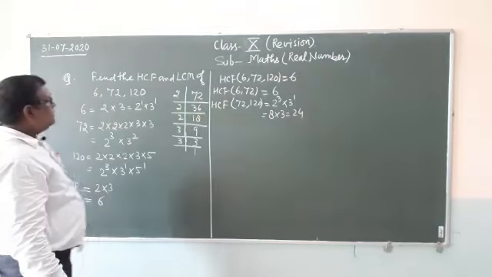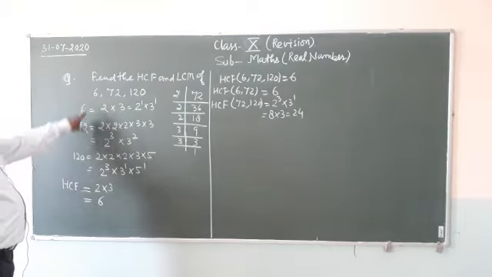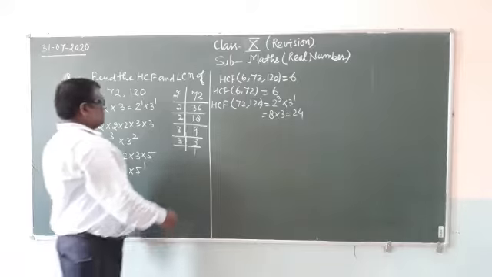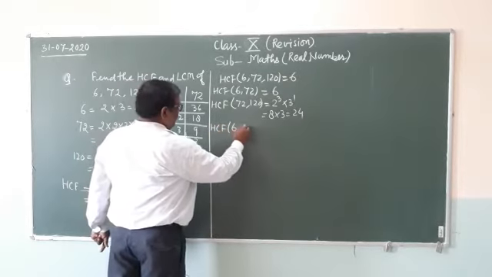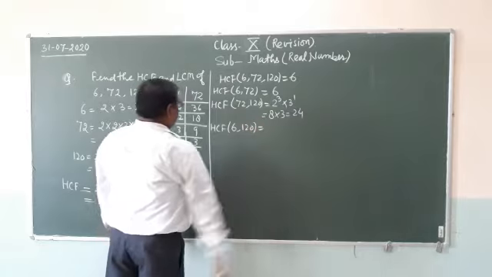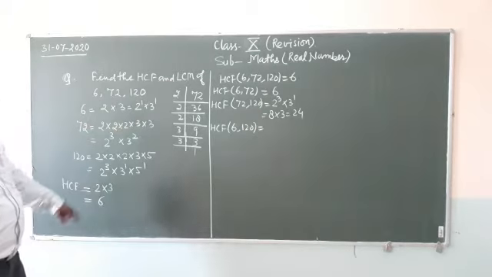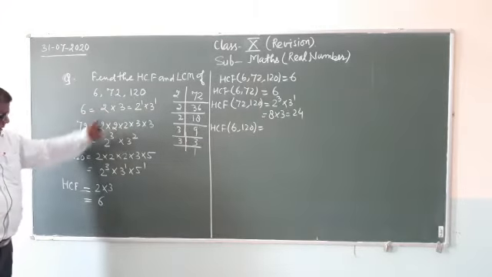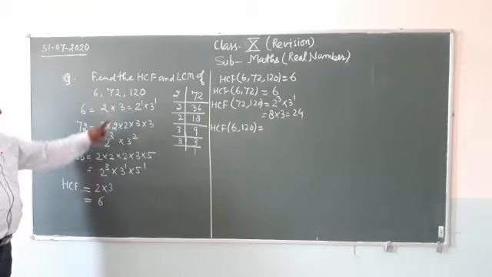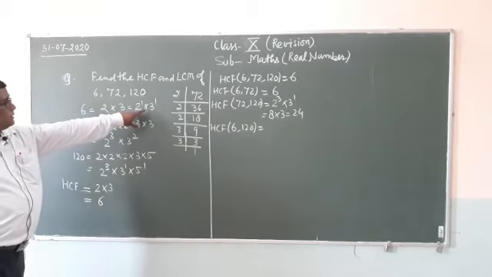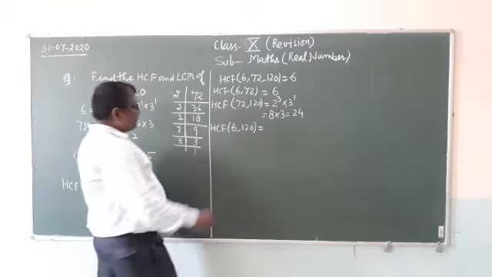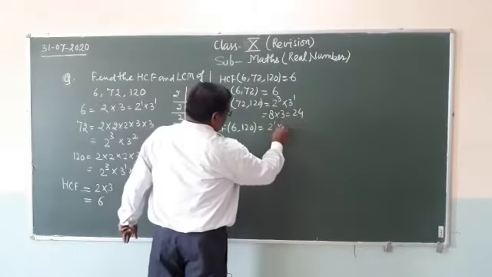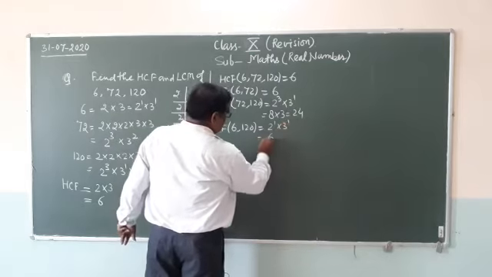Again the HCF of 6 and 120: here 2 power 1, here 2 power 3, the smallest is 2 power 1; 3 power 1, here 3 power 1. Therefore 2 power 1 into 3 power 1 is equal to 6.